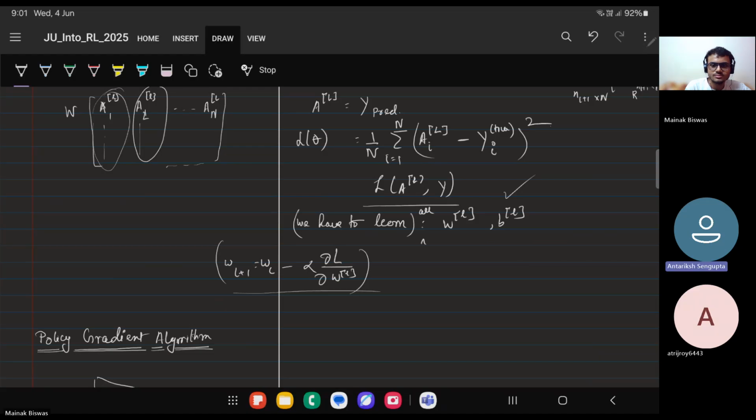For N_{L+1} into N_L of those weights. For every layer, I have to do this gradient descent, and how do I do this is the question.